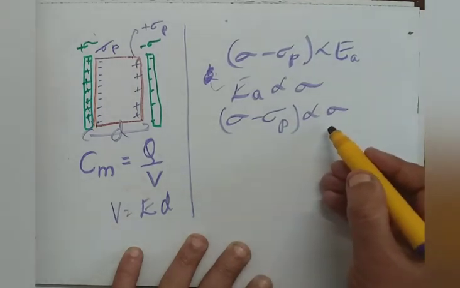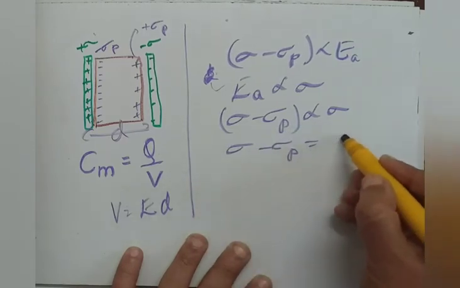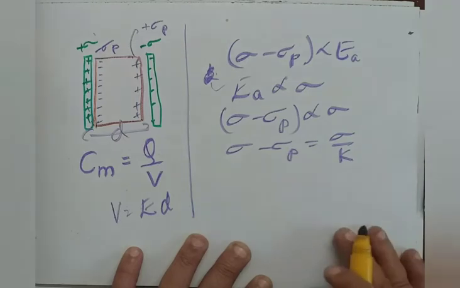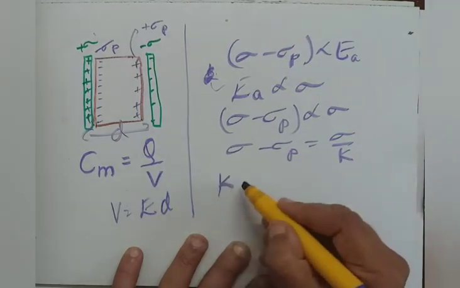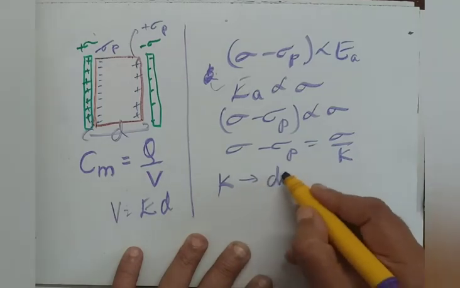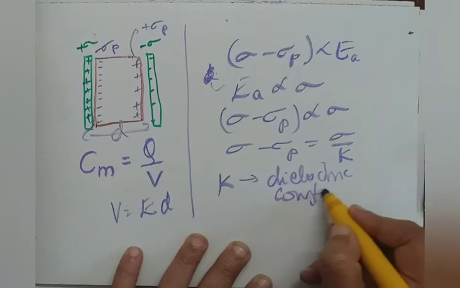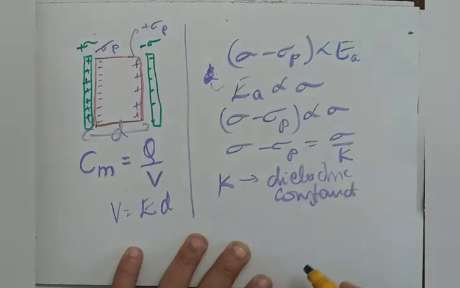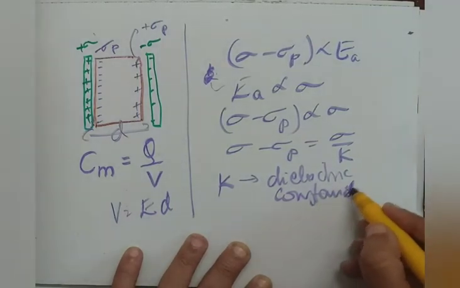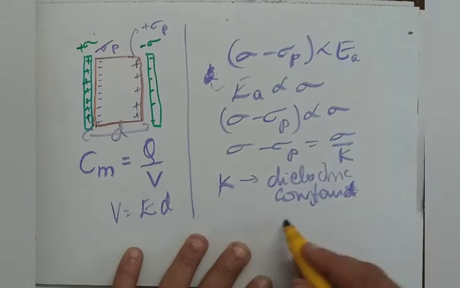So we can make it an equation: sigma minus sigma p equals sigma by k, where k depends on the material we place here, and we call it the dielectric constant, or relative permittivity. We also call it relative permittivity or dielectric constant.